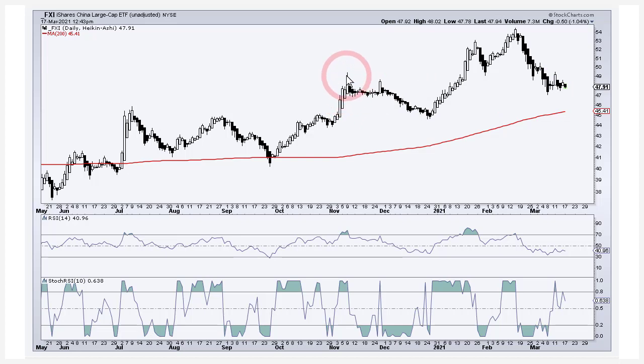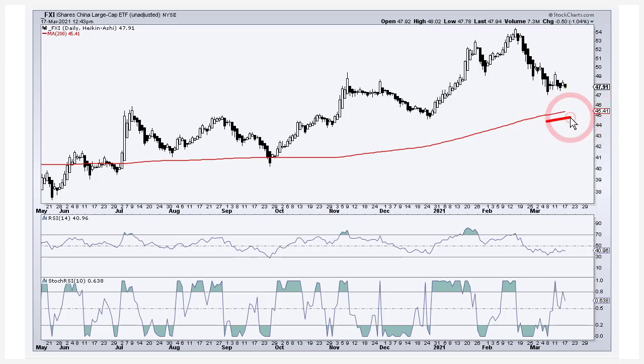You can see this was a correction here. I've got Heikin-Ashi candlesticks on here as well. So this is a long correction, and then you got the breakout. This was a short one, and you got the breakout. And this one's a little bit longer. But the point is, a pullback is always considered a correction within the bigger uptrend as long as the bigger trend is up.